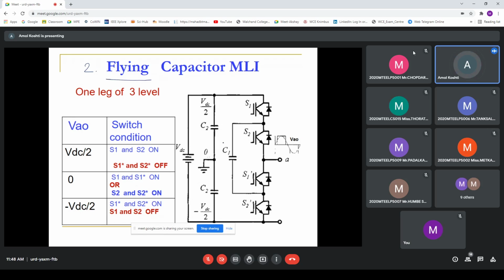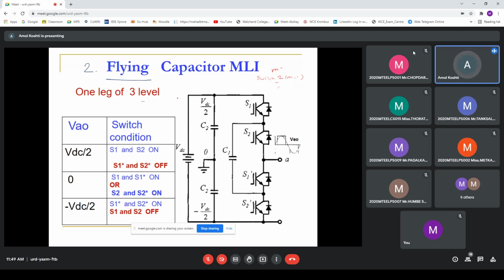Here again the circuit diagram is the same, and the formulas will be the same. So the formulas for an M level inverter: how many switches are required? 2 into M minus 1. Again, using the formula we get 4 switches for 3 levels, so we have 4 switches here.